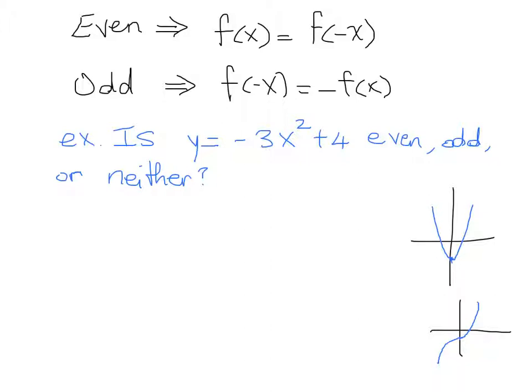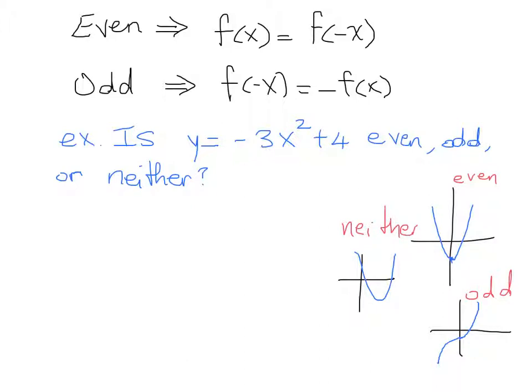And if it's not doing that at all, if the y-axis is not acting like any type of mirror, so maybe the graph looks like this, since the y-axis is not the mirror or the axis of symmetry, then that would be neither. So again, just making sure we get this: this is even, this is odd, and this one is neither.